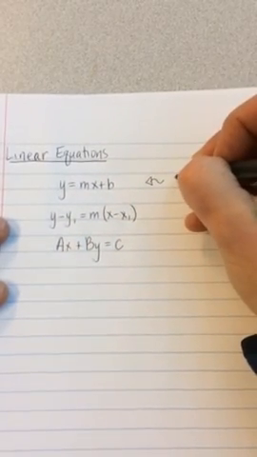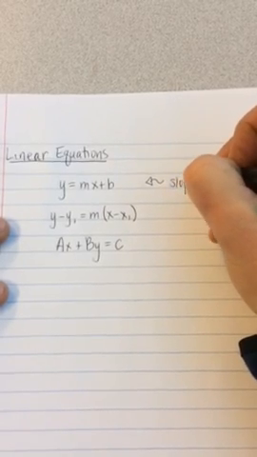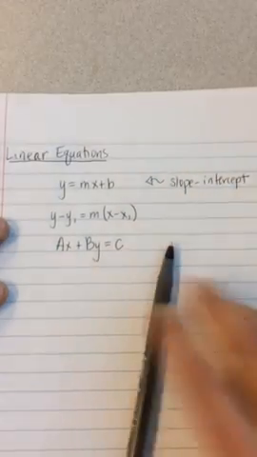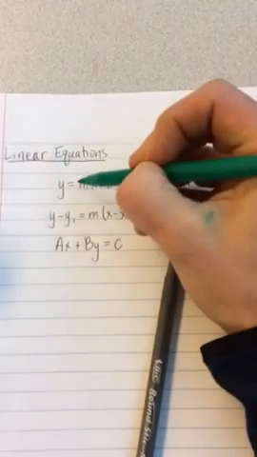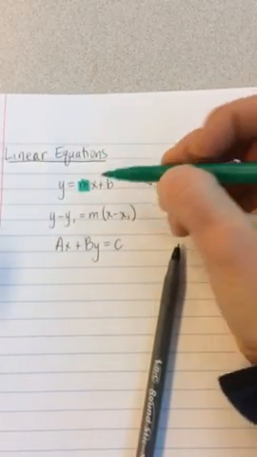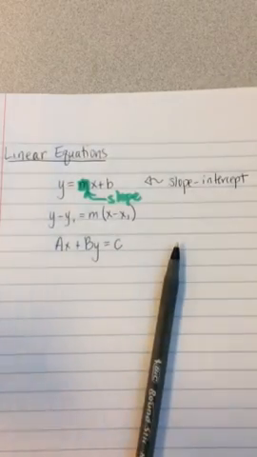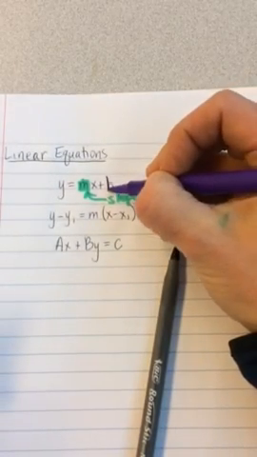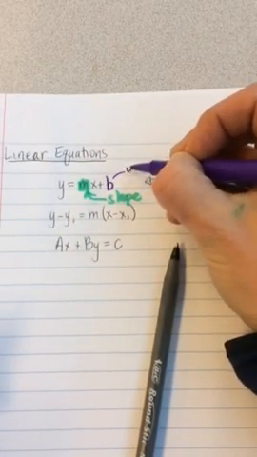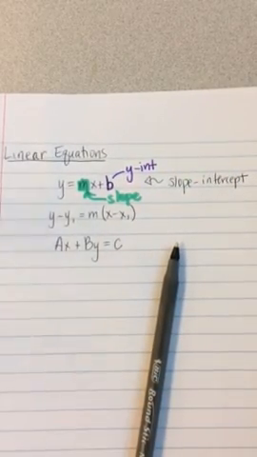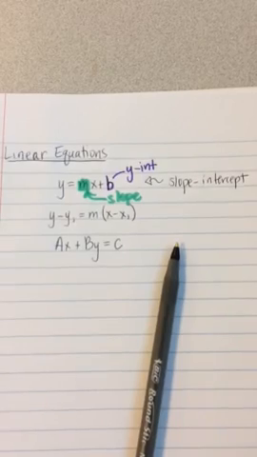All right, for slope-intercept form, remember that the m is the slope, the b is the y-intercept, that's why it's called slope-intercept form.